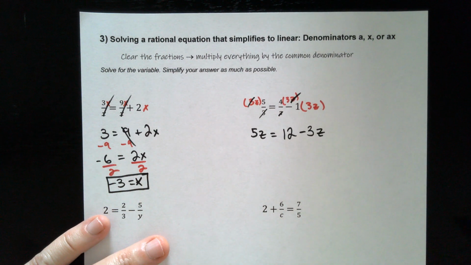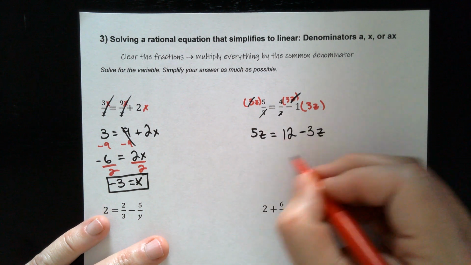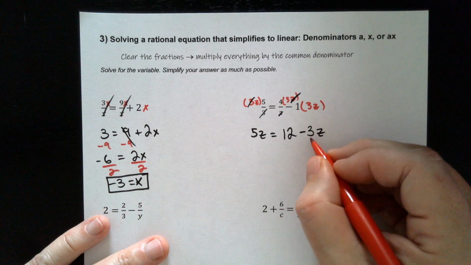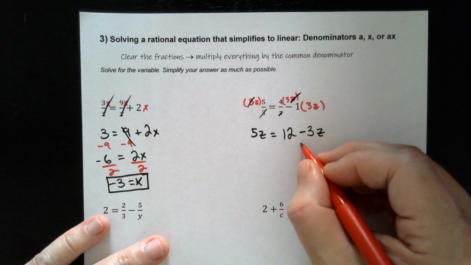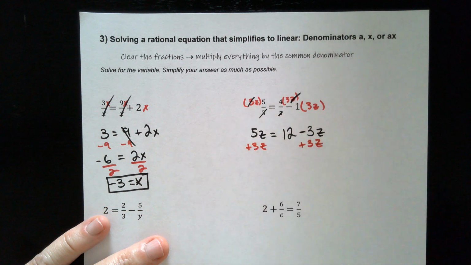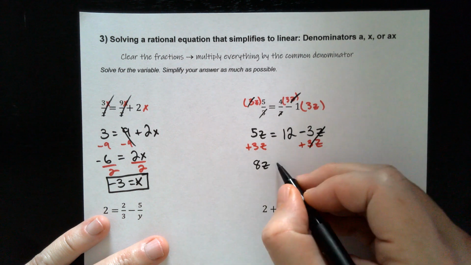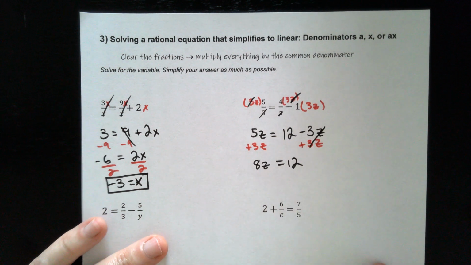Now we've gotten rid of the fractions, but we need to get all the variables on the same side. So I'm going to move these variables over here, do the opposite of a minus 3z, which is a plus 3z. Okay, so that will give me 8z over here. This one cancels, equals 12.